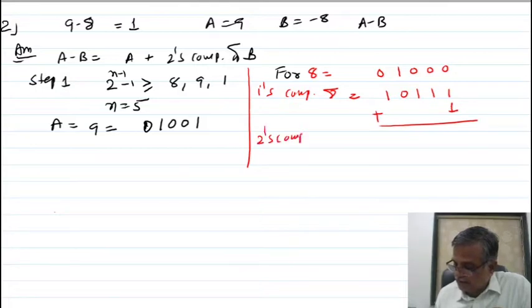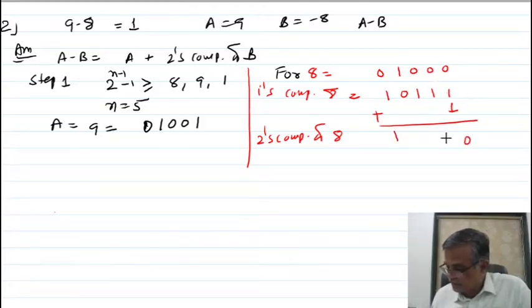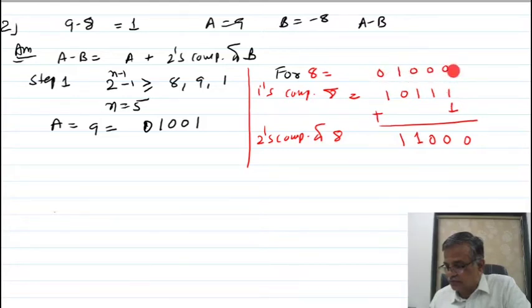Look here again, I am discussing. For 8 in 5 bits it is 0 1 0 0 0. Its first complement is 1 0 1 1 1. Add 1 and you get the 2's complement: 1 plus 1 is 0 carry 1, again 1 plus 1 is 0 carry 1, and so on. So this is the 2's complement of 8.